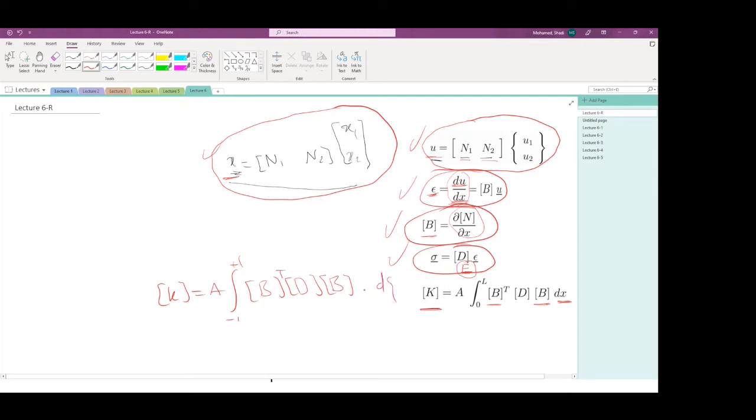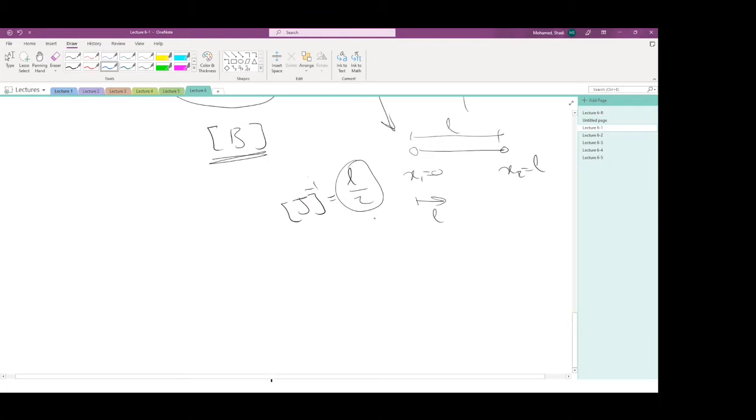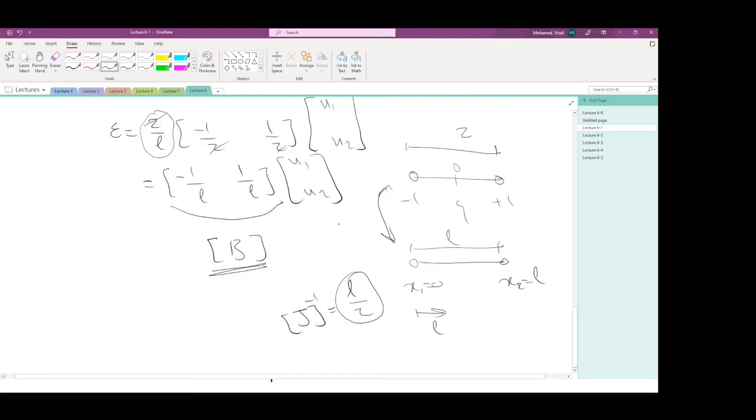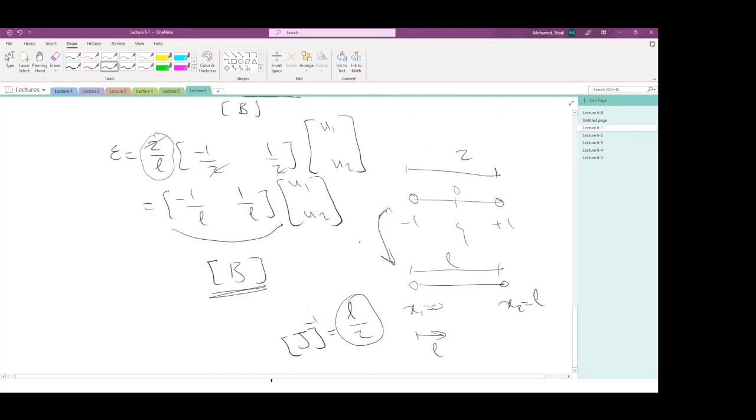Now, obviously, we cannot make this change unless we introduce something, and this something is the Jacobian matrix again. And it is not the Jacobian matrix, it's the determinant of the Jacobian matrix. Now, we have the Jacobian to be L over 2. So the inverse of the Jacobian is going to be 2 over L.